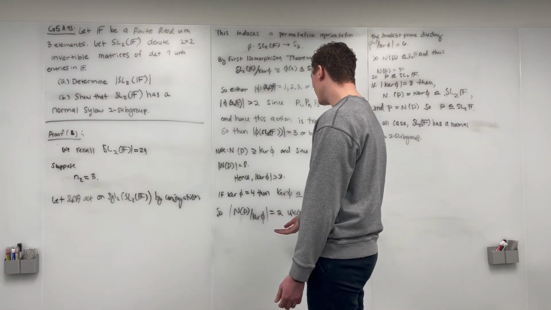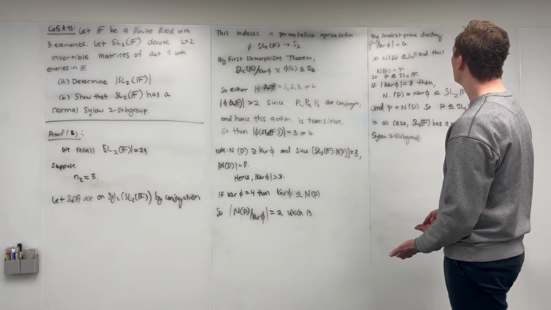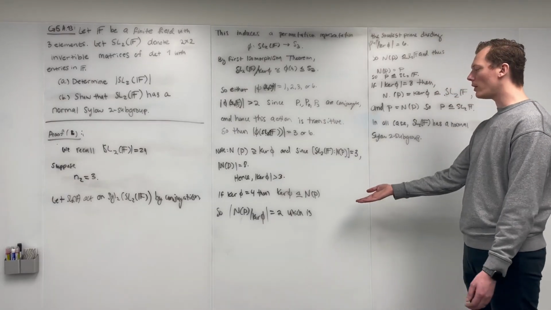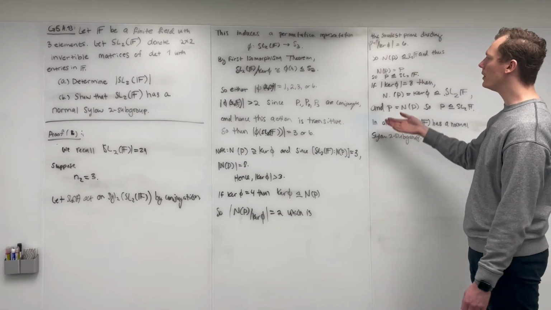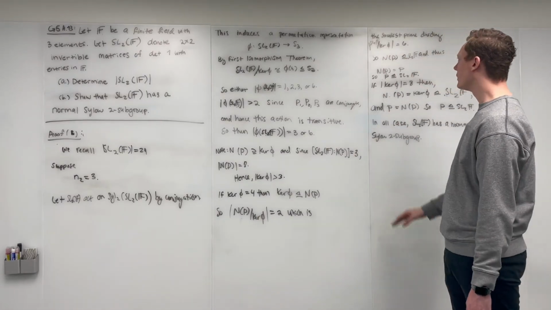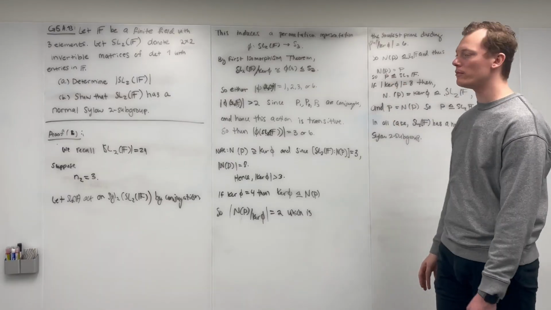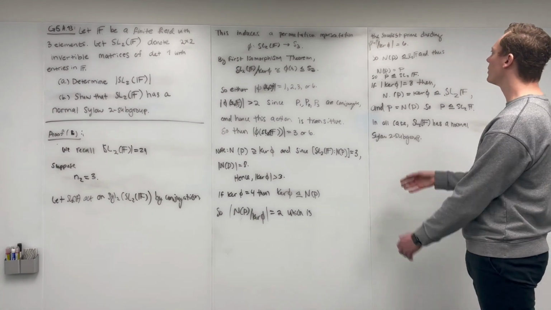And so the size of the normalizer of P mod the kernel is 2. Since SL2F is of order 24, and the kernel is of size 4, the size of SL2F mod the kernel is 6. So 2 is the smallest prime dividing 6.